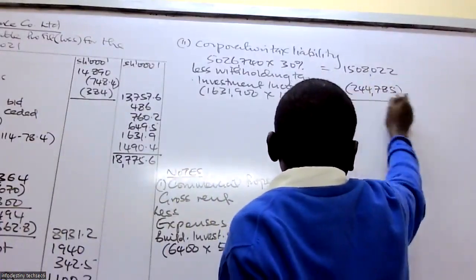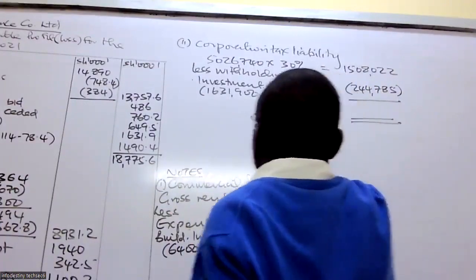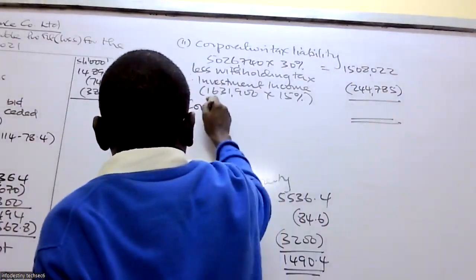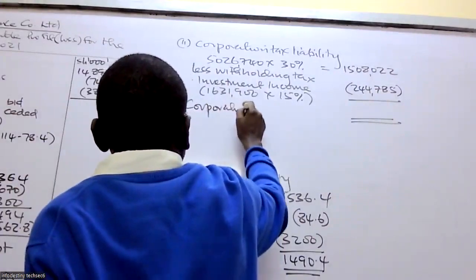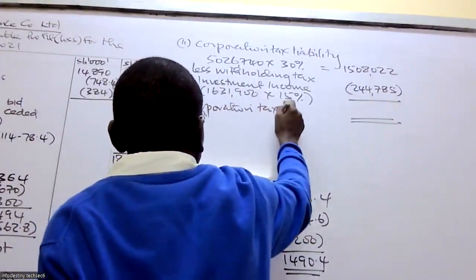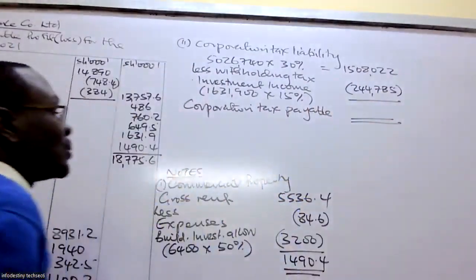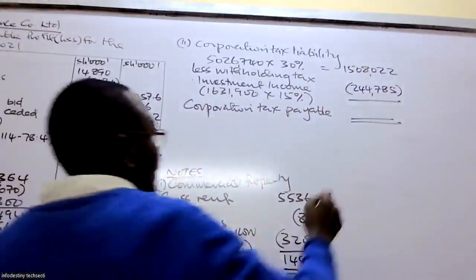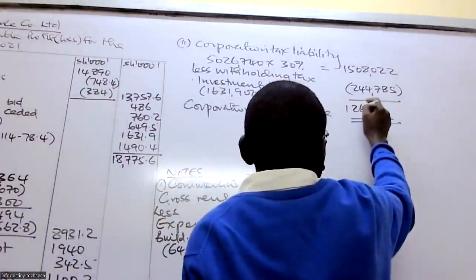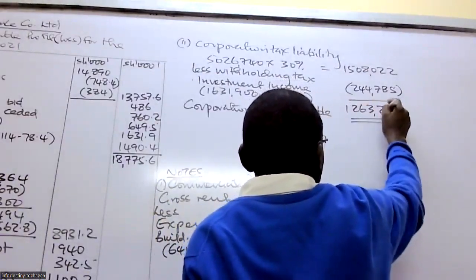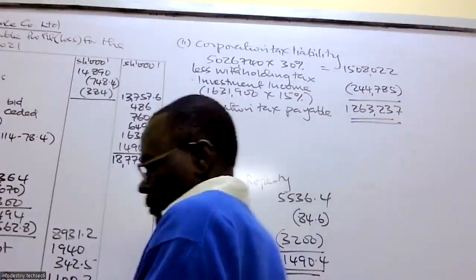Subtract that. Whatever is left is corporation tax payable, 1,263.237. Okay, so we stop there.